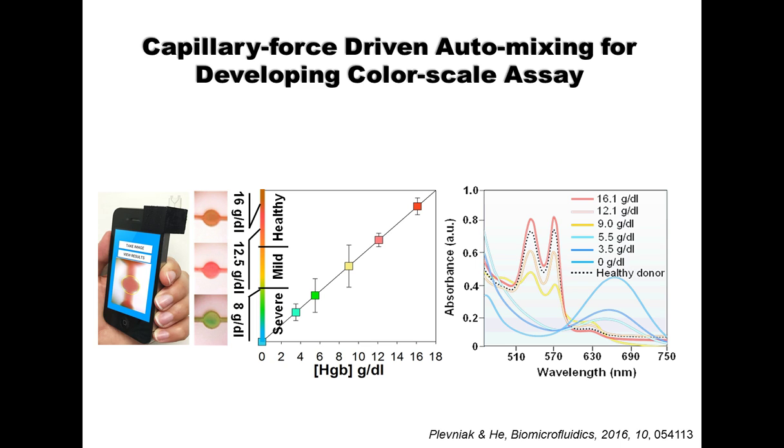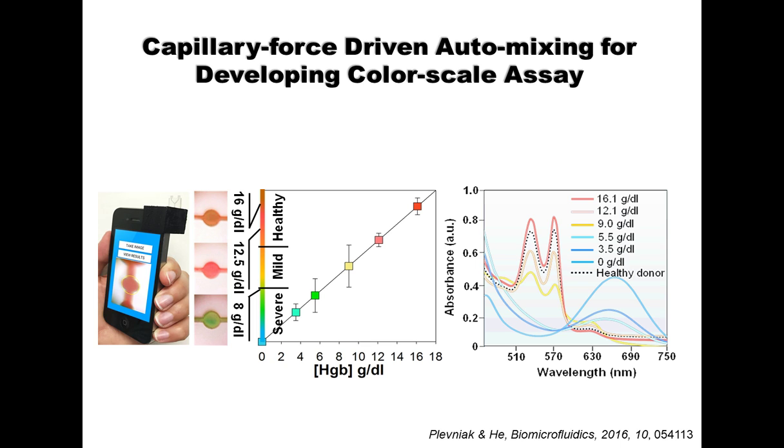So we characterized this color scale display with the concentration of the hemoglobin. As we see from this calibration curve, along with the change of the color, the concentration of the hemoglobin actually changes, which is a linear response, and quantitatively gives the concentration of the hemoglobin.